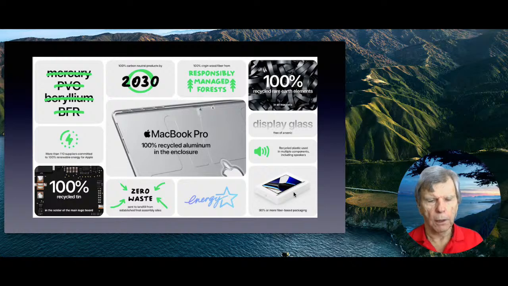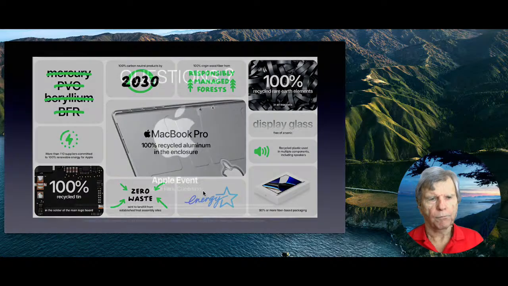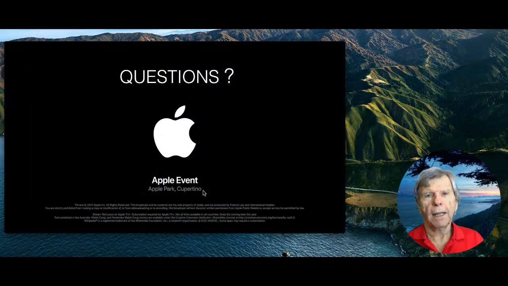Their packaging is made of 90% fiber-based packaging, whatever that means, and they followed the Energy Star specifications to automatically put your computer to sleep and hopefully wake up and do everything it's supposed to and save energy. So that is my recap of the Apple event.